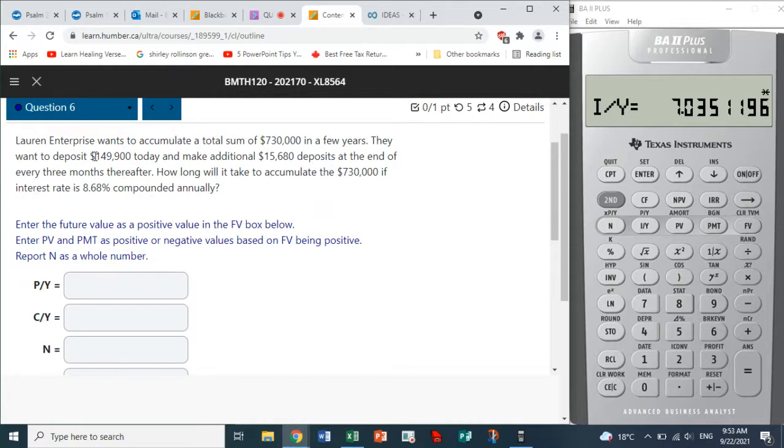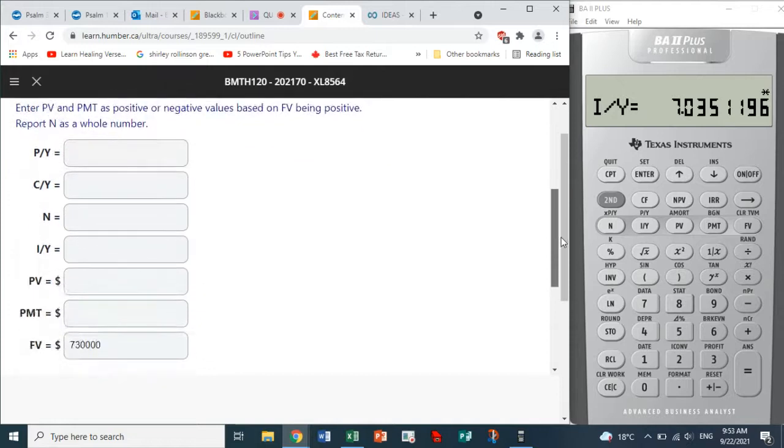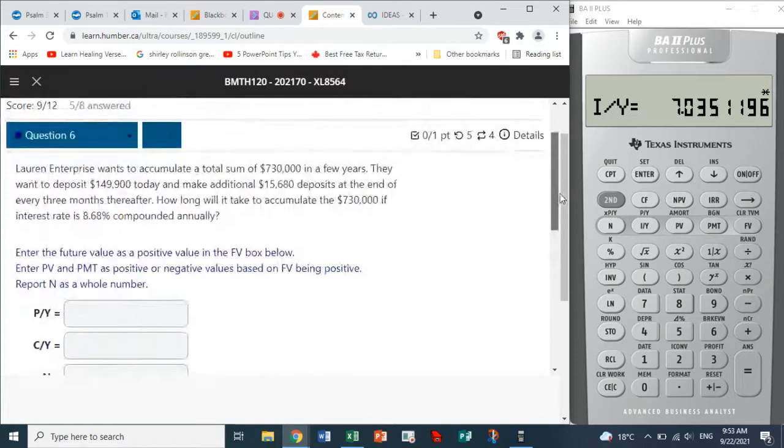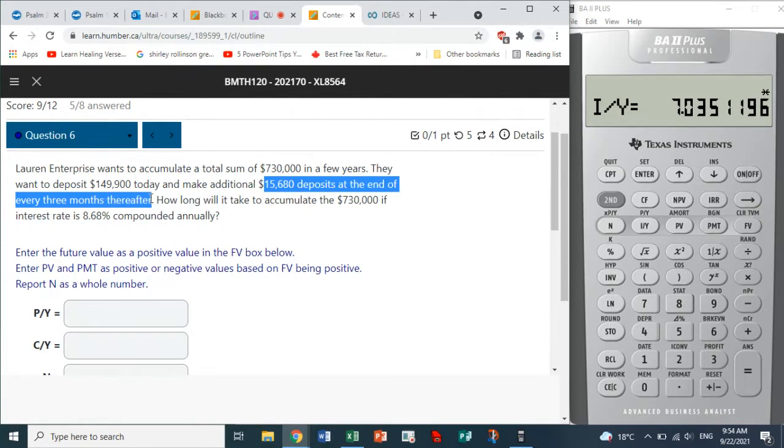They want to deposit $149,900 today. So if it's deposited, then it would be negative. That's a present value that's deposited. And make additional payments or deposits of $15,680 at the end of every 3 months thereafter.